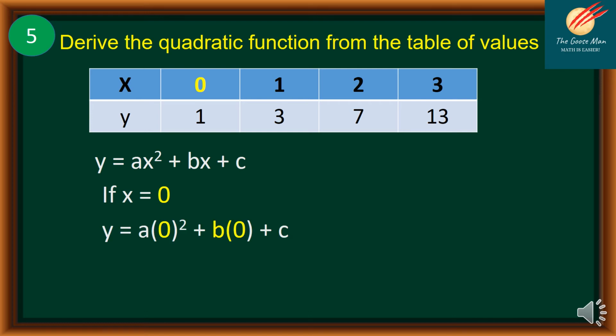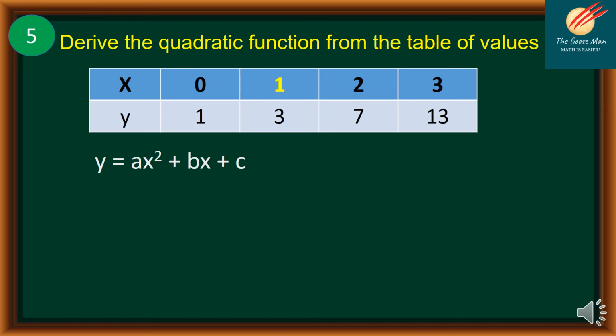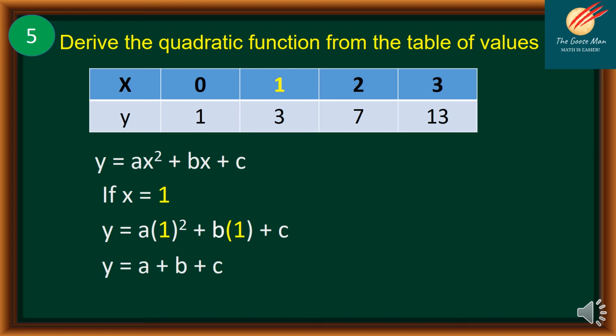Then we have a times 0 squared plus b times 0 plus c. So y is equal to c. If x is equal to 1, we have y is equal to a times 1 squared plus b times 1 plus c. So we come up with y is equal to a plus b plus c.